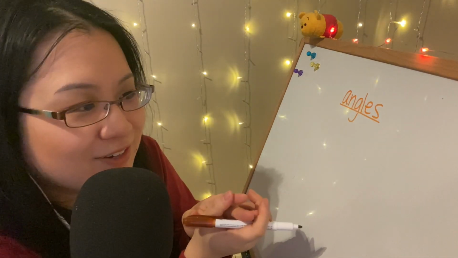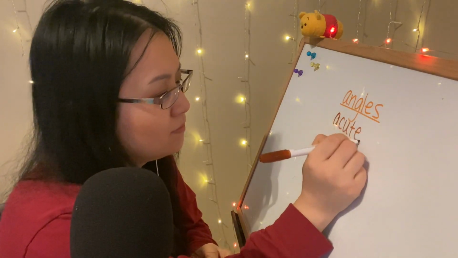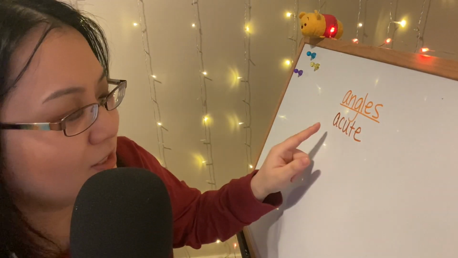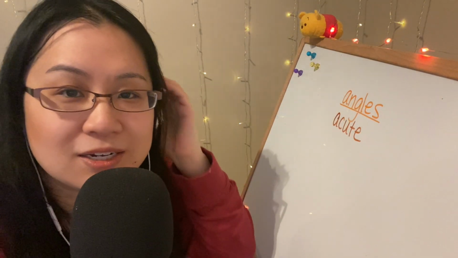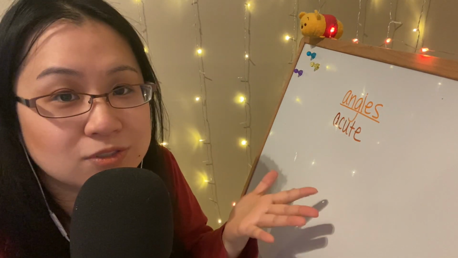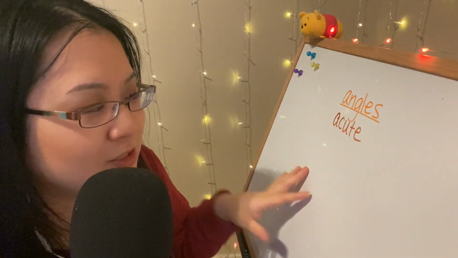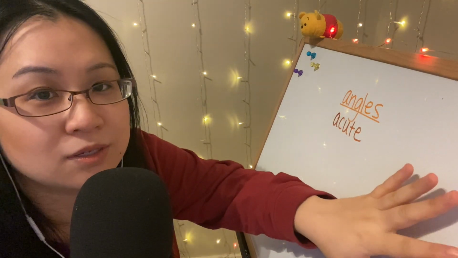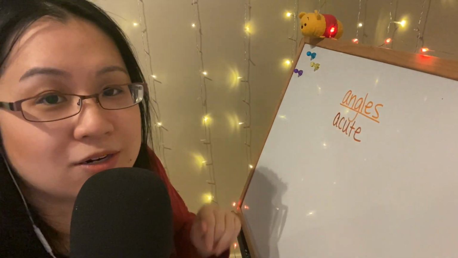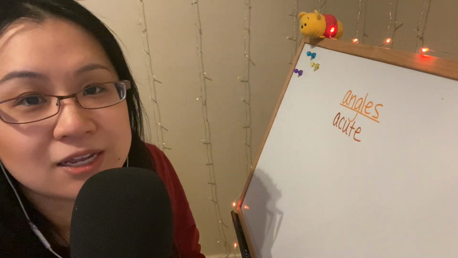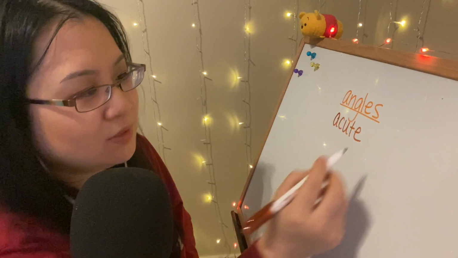An acute triangle. That's our first word. It's cute with an A. A-C-U-T-E. And we can actually classify angles in general, just a single angle, as being acute, or all these other words. But with the triangle, all acute angles, all angles that are less than 90, that would be an acute triangle.